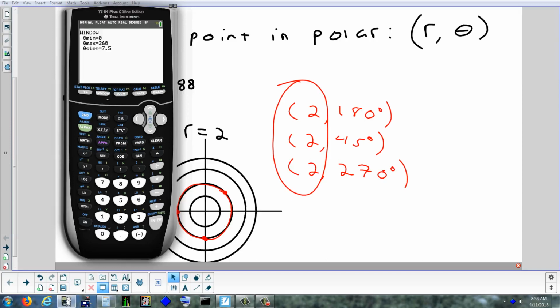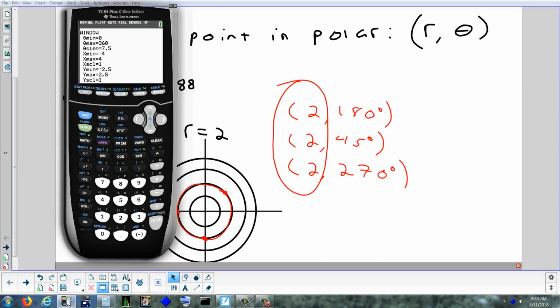All right, a couple things to pay attention to. With this particular graph, we don't have theta. It was just r equals 2. Now, if we did something with a theta, then we'd have to be careful about setting our theta step. That theta step is going to give you the resolution of your picture. And the same thing can happen here that happened in parametric.